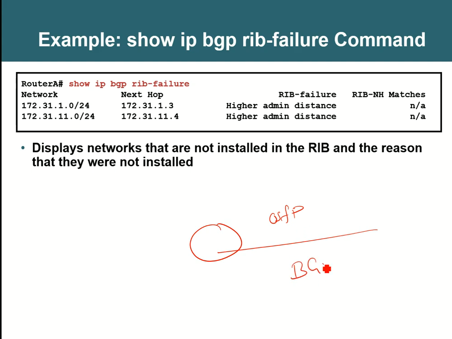Someone also advertised in BGP, and this is an IBGP. This is 200. Same network given by OSPF is 110. So it won't follow BGP's advice, it will follow OSPF's advice. This is not an injected route, this is not a redistributed route. That's what I'm trying to say.